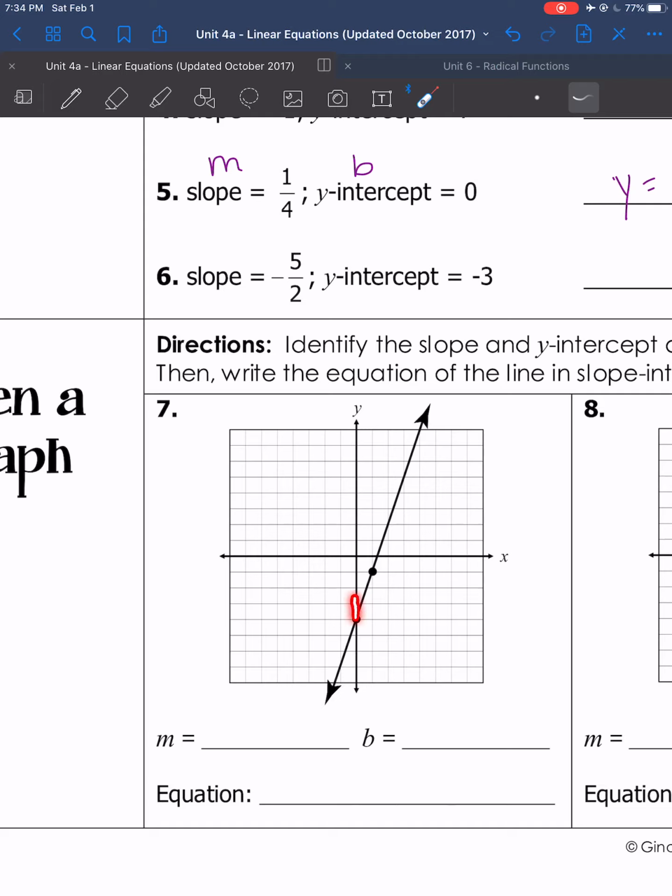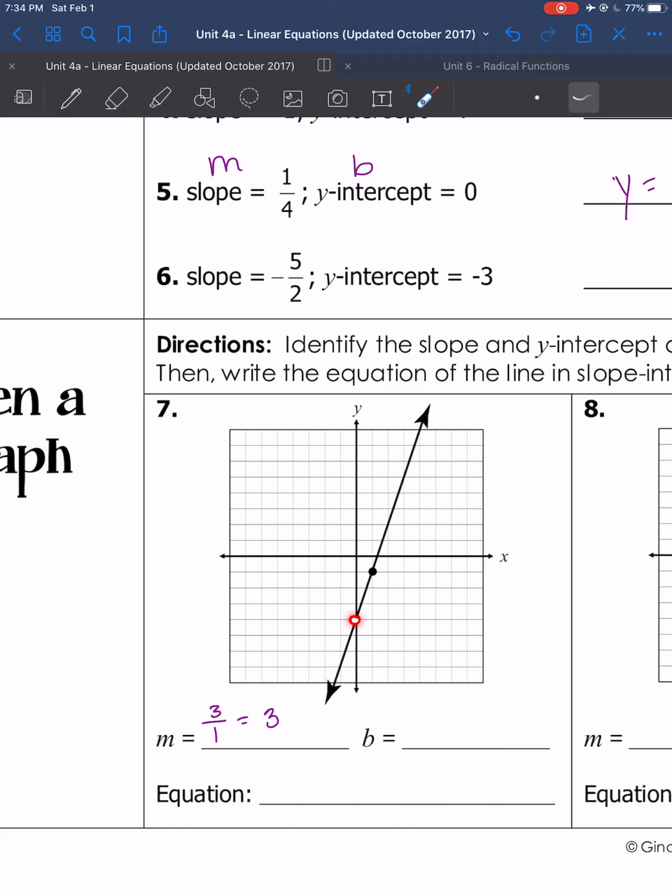So you go up 1, 2, 3, which is rise, divided by 1, because it's the run. So 3 over 1, which is just 3. And then my point for my y-intercept is this guy right here.